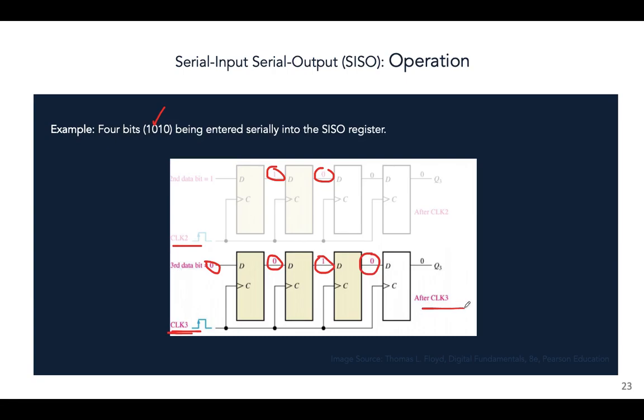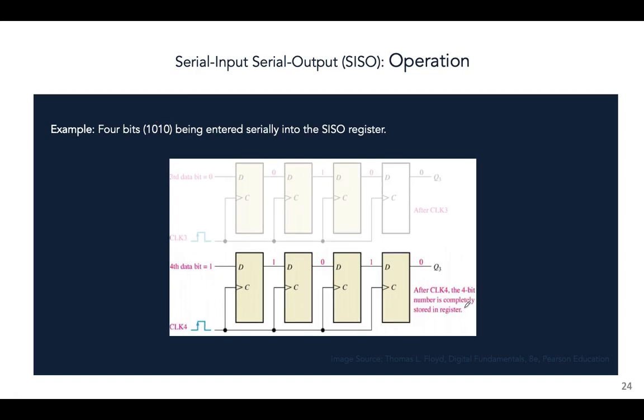This is after the application of clock pulse 3, and after the application of clock pulse 4, you can see what would happen. The fourth bit will go in. The fourth bit is now going in, 1. So the fourth flip-flop had gotten 0, so its output is 0. The third flip-flop, last time it got bit 1, so its output is bit 1.